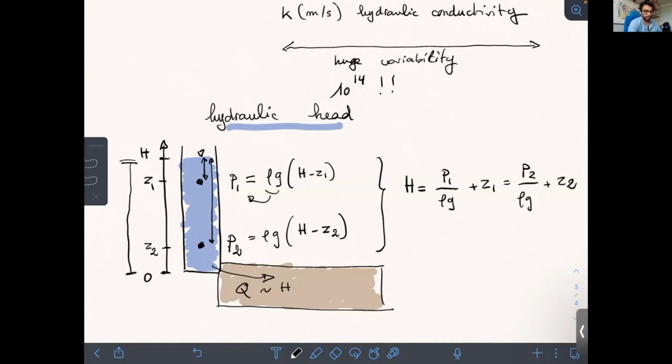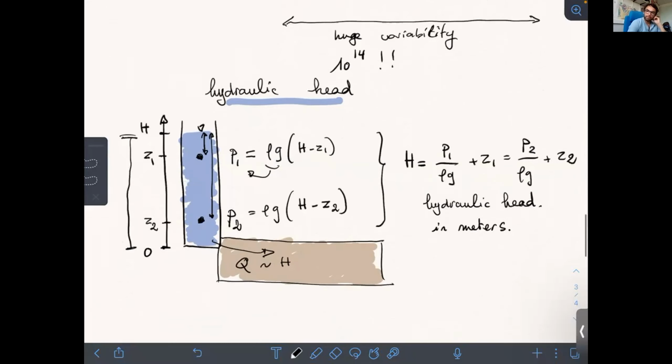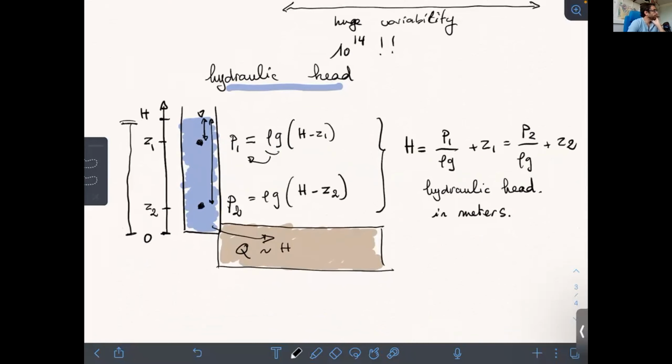This is big H, and this is called the hydraulic head. The hydraulic head is in meters. So this is the second most important parameter, as I said, after hydraulic conductivity.